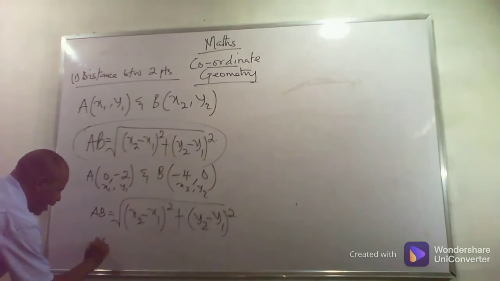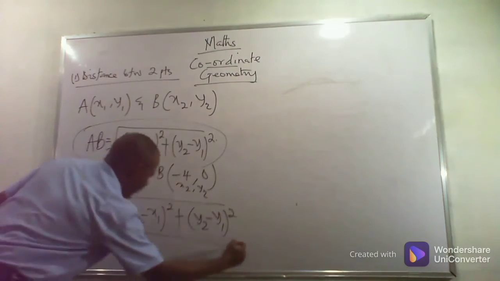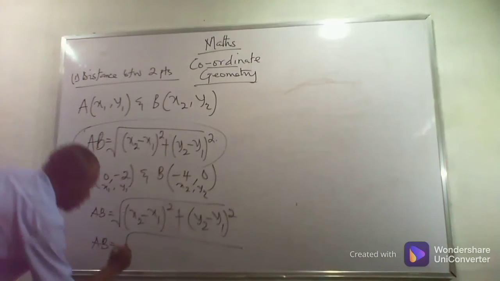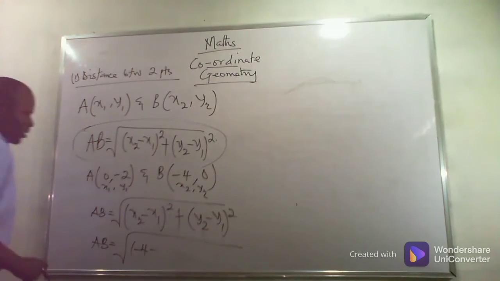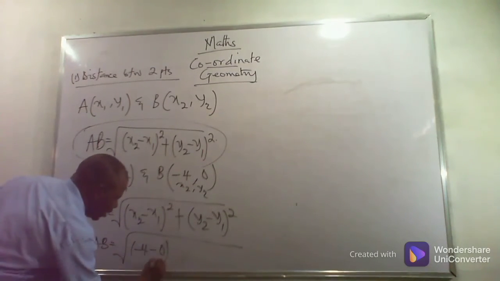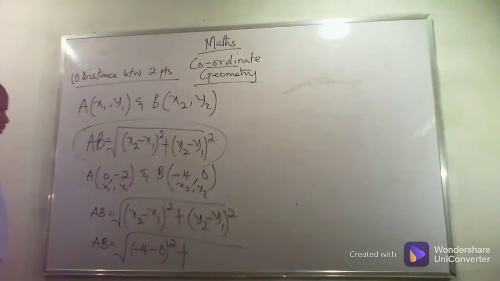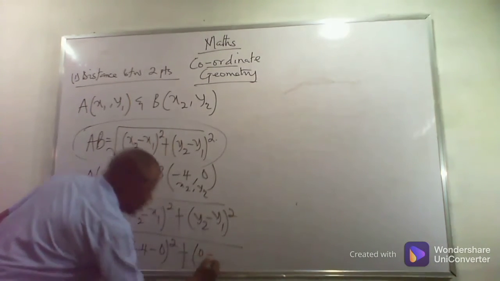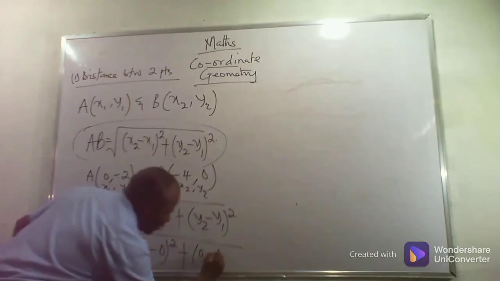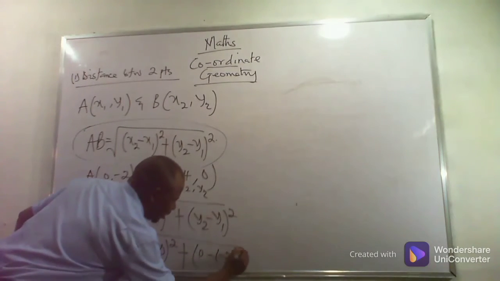So you have AB equals square root of (x2, -4, minus x1, 0) everything squared, plus (y2, 0, minus y1, -2) everything squared.